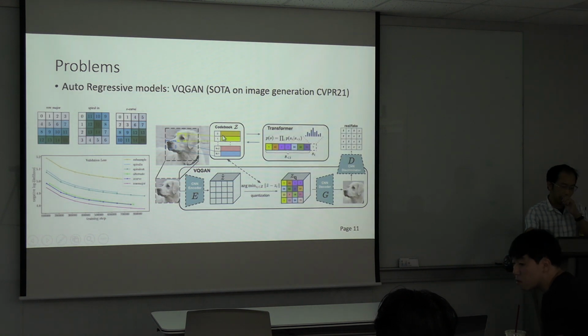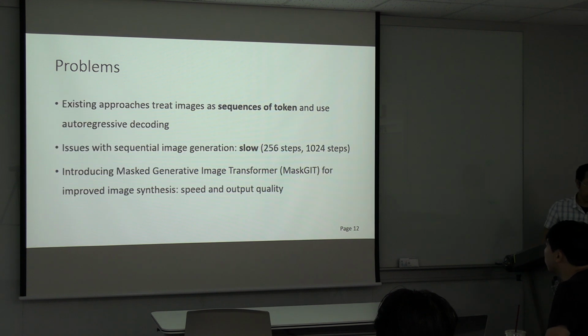But this approach has several crucial issues. First, this approach treats an image as a sequence of tokens, with autoregressive decoding.